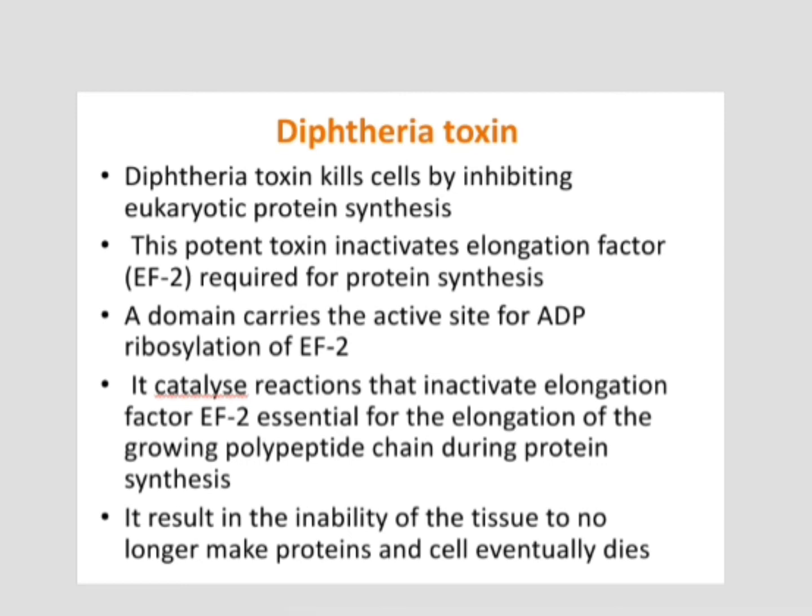And this A domain has the enzymatic activity, the ADP ribosylation activity of elongation factor 2, which is responsible for the elongation of the polypeptide in the eukaryotic cell. So, EF2 gets deactivated by the ADP ribosylation by the A domain of the diphtheria toxin. So, it cannot perform the elongation of the protein, and the cell as a whole cannot perform protein synthesis any longer, and it eventually dies.